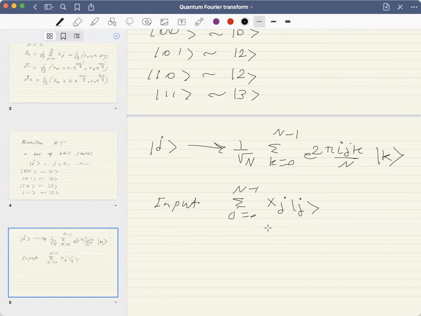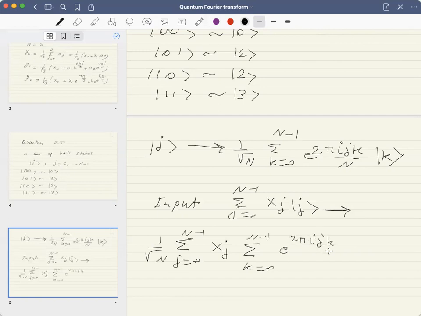This will go to sum over j, then I have the 1 over square root n, I have the x_j. And now each of the j's becomes a sum over k e to the 2 pi i j k over n, state k.